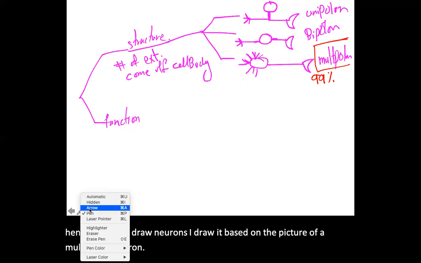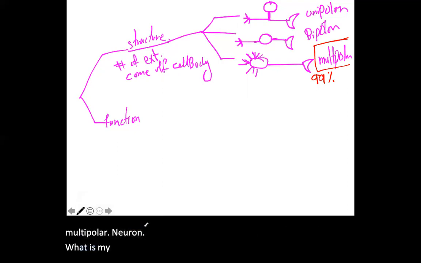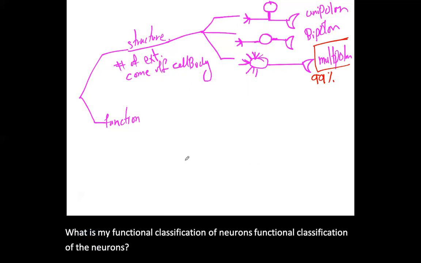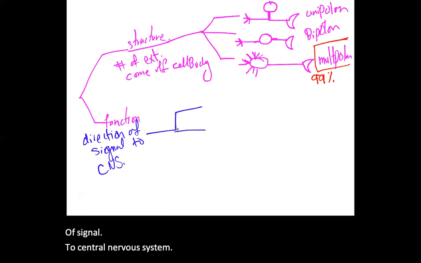Now, what is my functional classification of neurons? Functional classification of the neurons is based on the direction of signal to the central nervous system. So use your logic, guys.